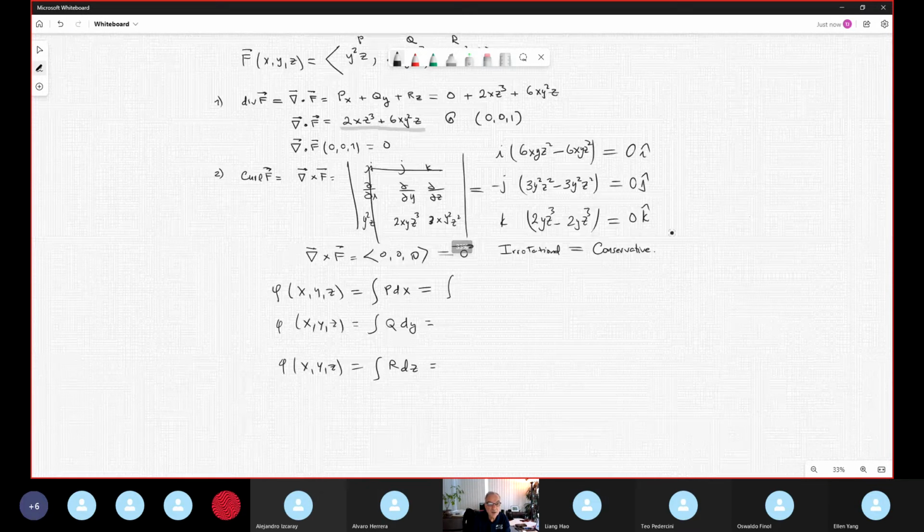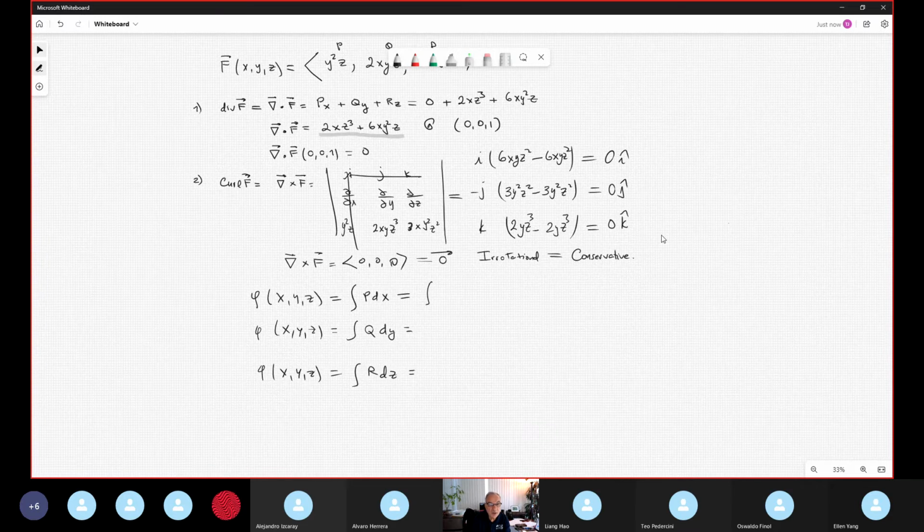at the beginning, look, y squared z dx, you consider that everything else is constant. So basically, we have x y squared z, correct? Plus something that I don't care about. It's a function, but I don't care.